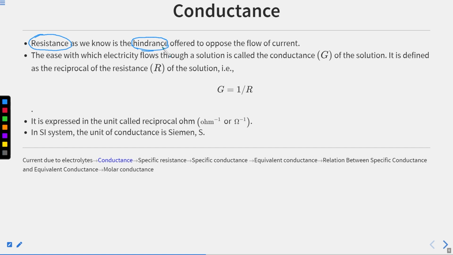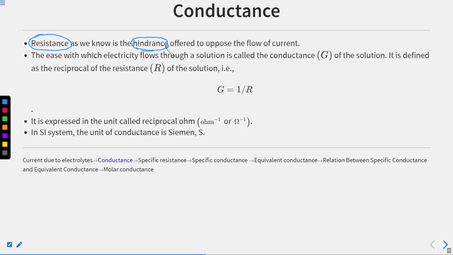Now what I am doing, I am taking reciprocal of that resistance, that is 1 by R. Since this resistance is the hindrance, this reciprocal will give you the ease with which the electricity flows through a solution. So you can visualize it and think of it logically. Hindrance and ease are opposite terms.